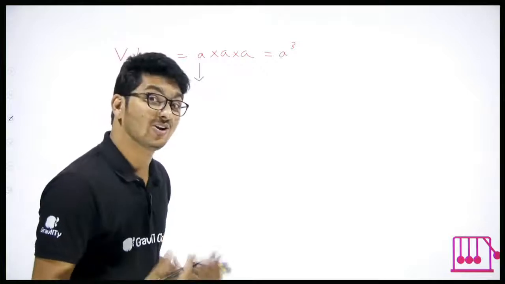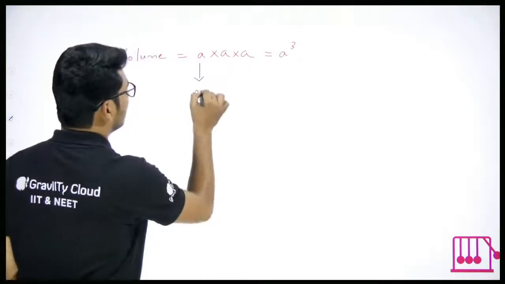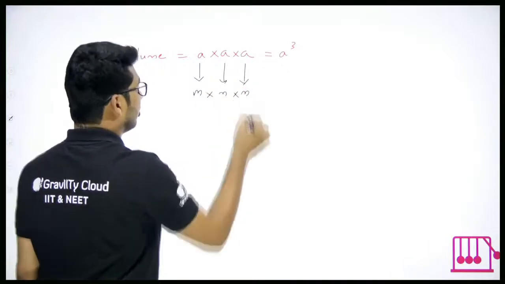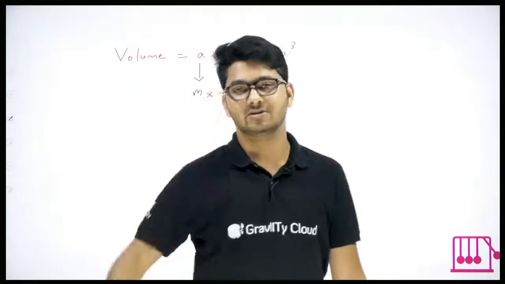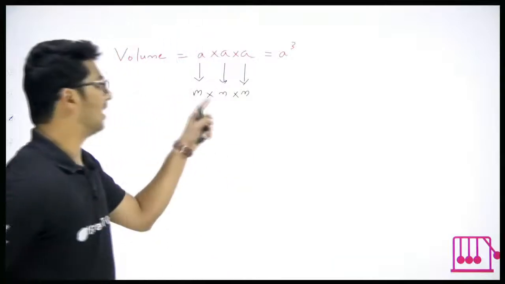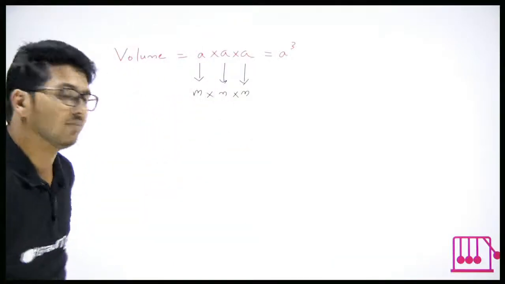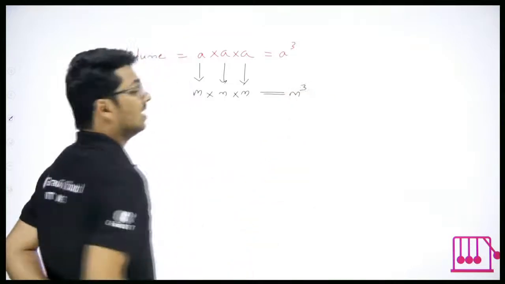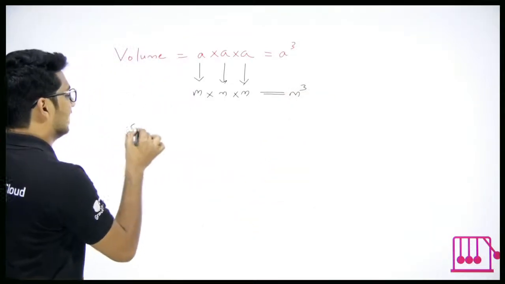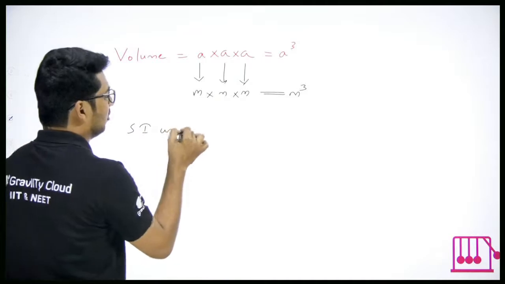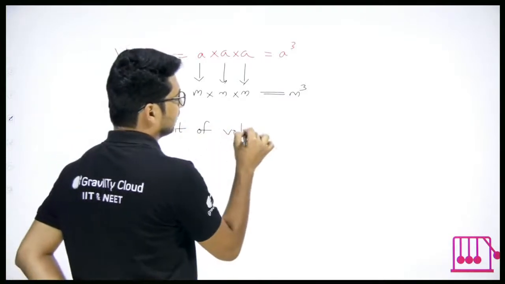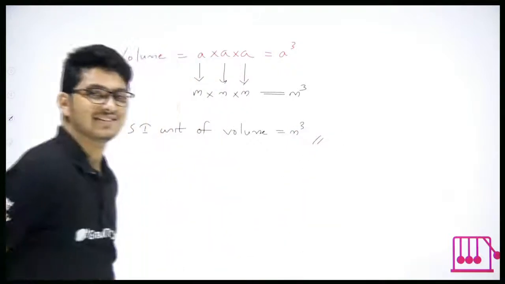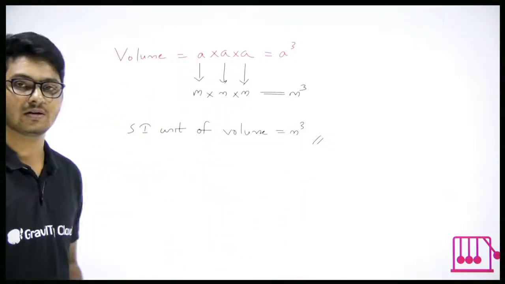And what is the SI unit of length? Meter. It is meter, again meter, again meter. You are multiplying meter 3 times. What does that mean? It means I can say the SI unit of volume is meter cube. That is the point that we need.